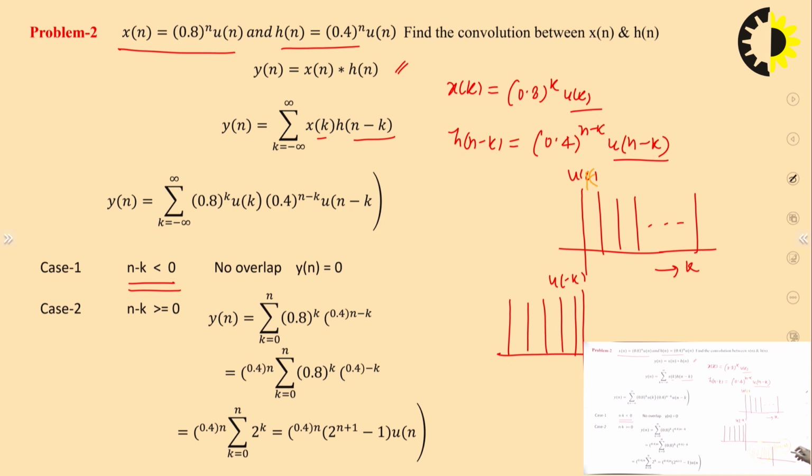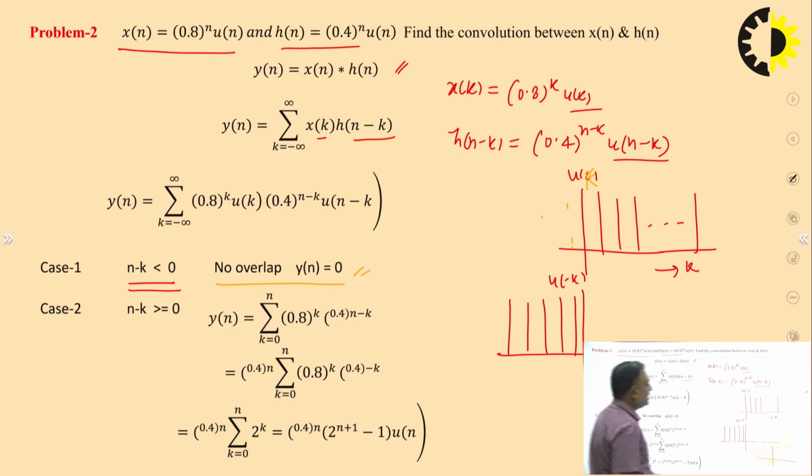When you shift it, this point will become simply n minus k, so we will check whether this n minus k point is less than 0 or greater than 0. The first condition is that n minus k is less than 0. Then there will be no overlap and the output is 0.